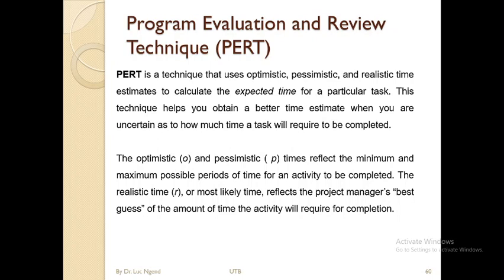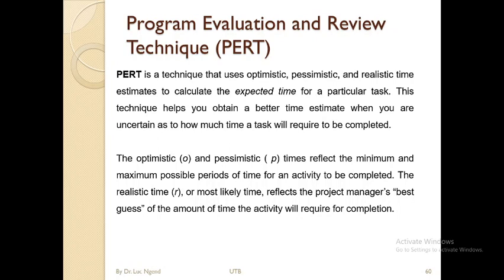What we are talking about here is that PERT takes each individual task and calculates a better time estimate for that particular task. So you make the calculation task by task, but this involves three different time estimates.